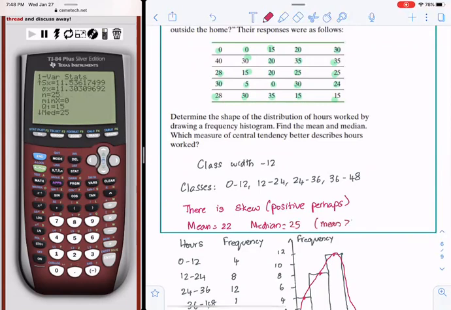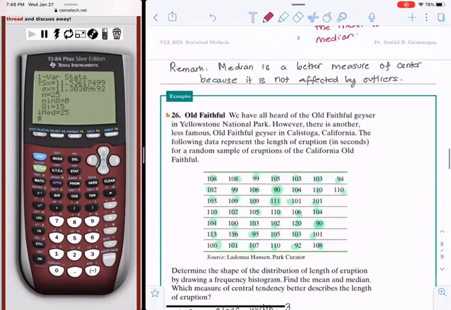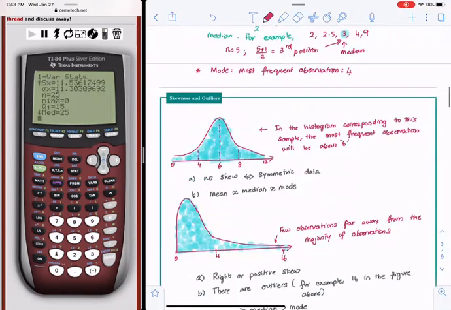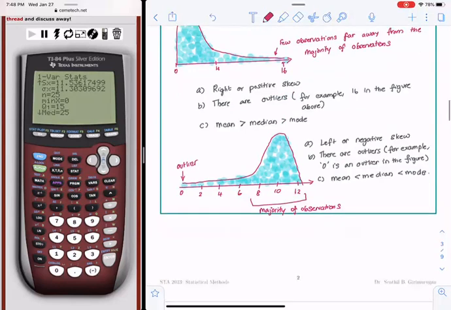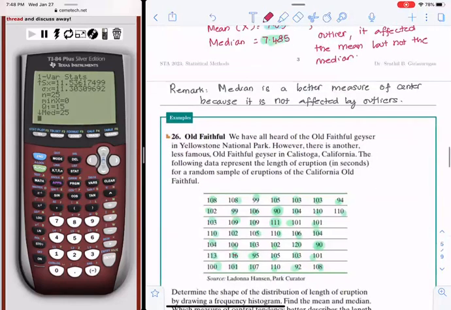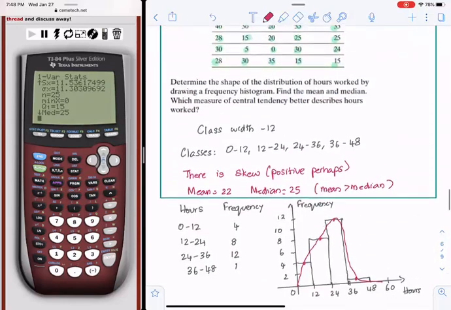And naturally, the median is bigger than the mean. From earlier, for right skewed data, the median is likely to have a value that is bigger than the mean. So that's exactly what's happening here.